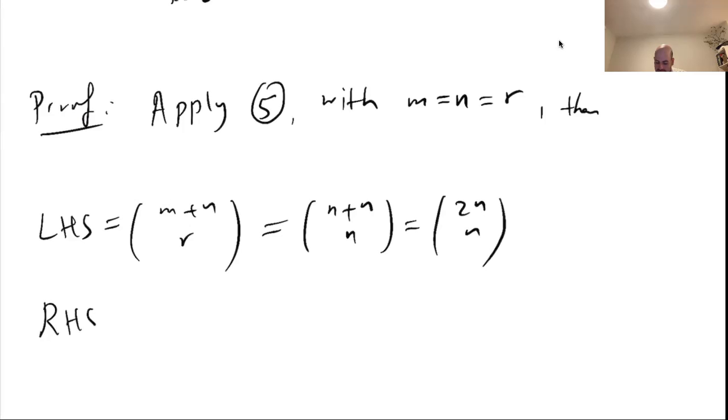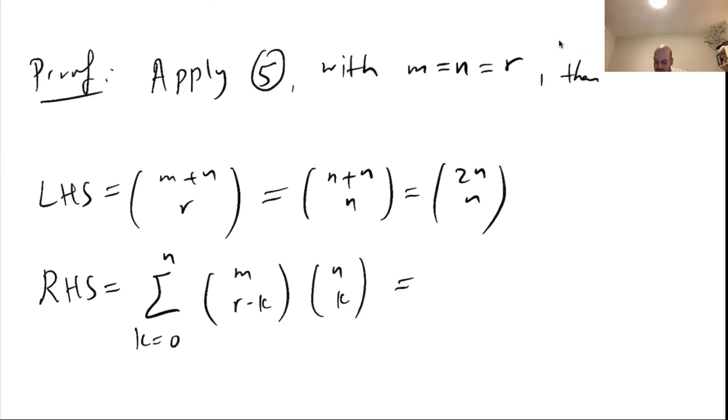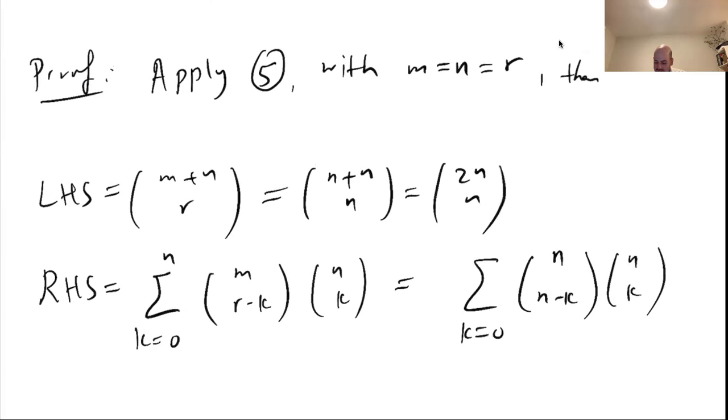And right hand side will be sigma, what was it, m choose r minus k, n choose k, k from 0 to n. But m and n are equal here, and r is also n, so n choose n minus k, n choose k, k from 0 to n.